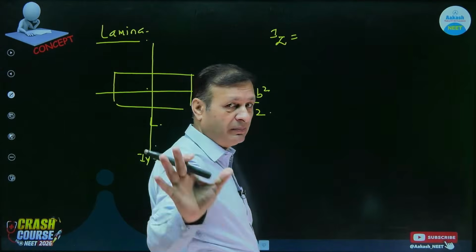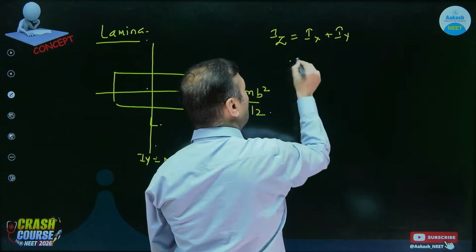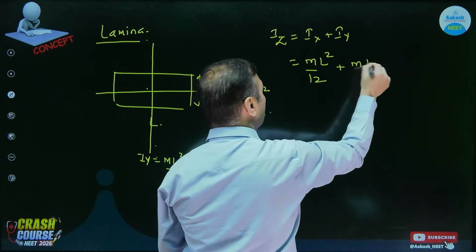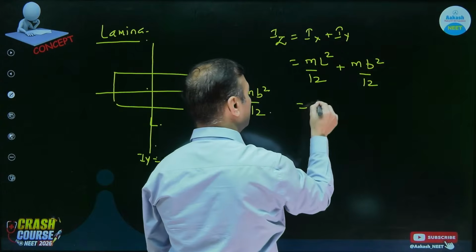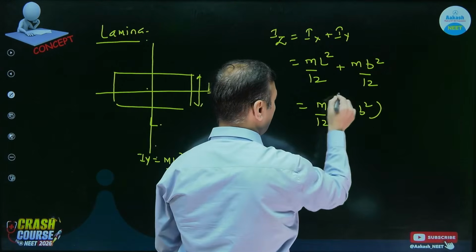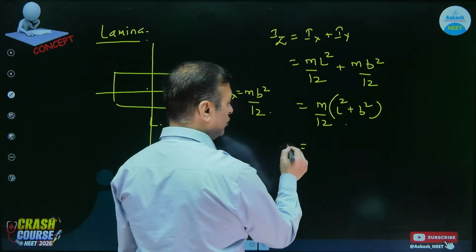So I'll go by my perpendicular axis theorem. That says Ix plus Iy. So this is ml square by 12 plus mb square by 12, which gives you m by 12 times (l square plus b square). Got it? So this is the moment of inertia.